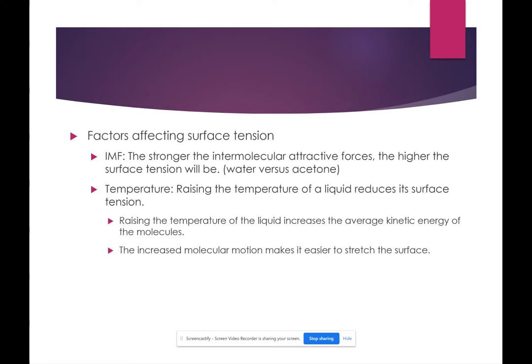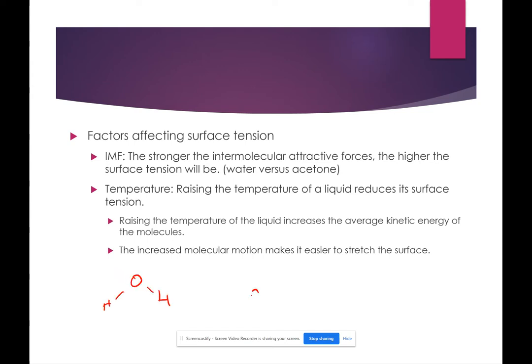Surface tension is affected by intermolecular forces. The stronger the intermolecular forces, the higher the surface tension will be, the more tightly those particles will be held. So if we were comparing water and acetone, water, as we know, looks like that.